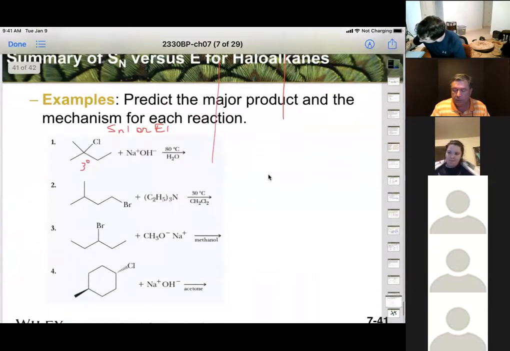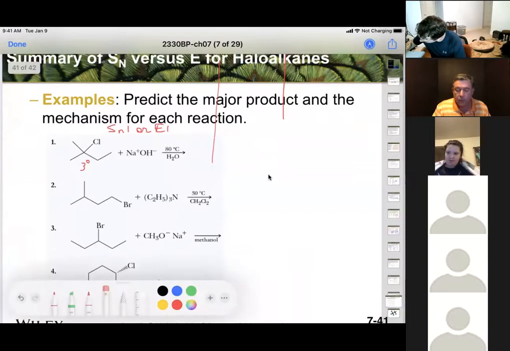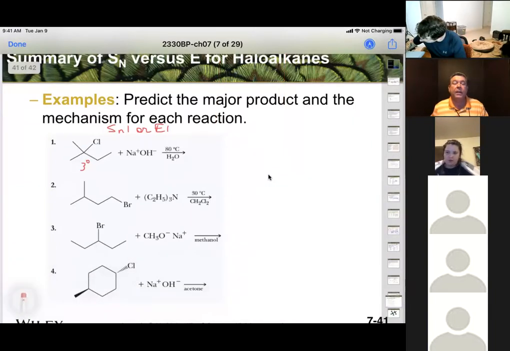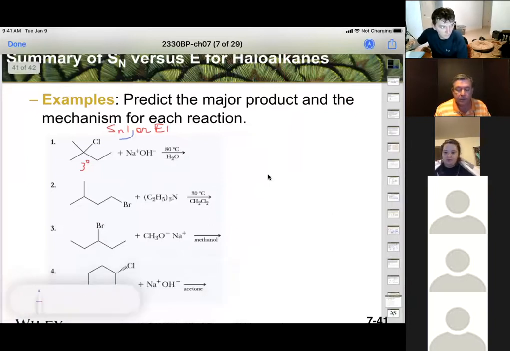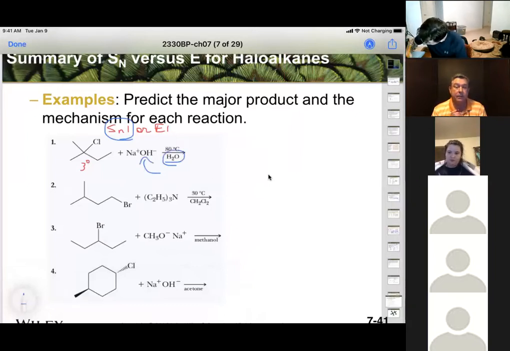So we're looking for what we have, and what we have is a strong base in a protic solvent. So we can support our carbocation here, but we cannot support our substitution reaction. Even though water is a weak nucleophile, we have the presence of a strong base, and that strong base is going to give our elimination product.